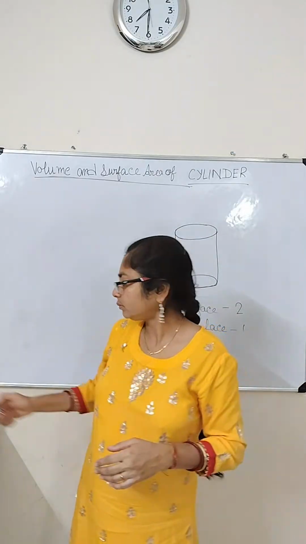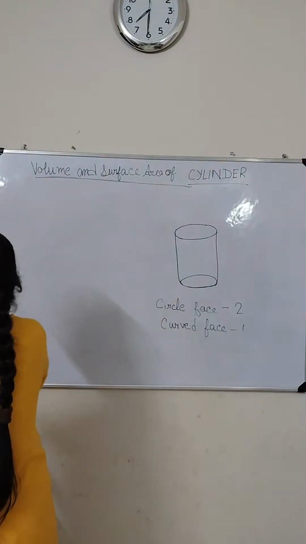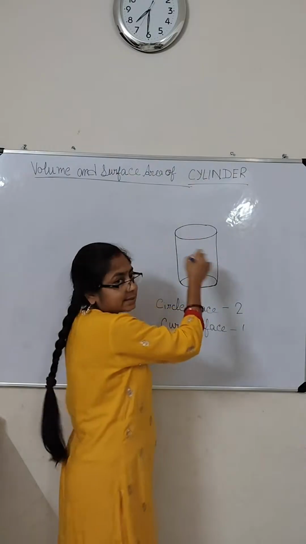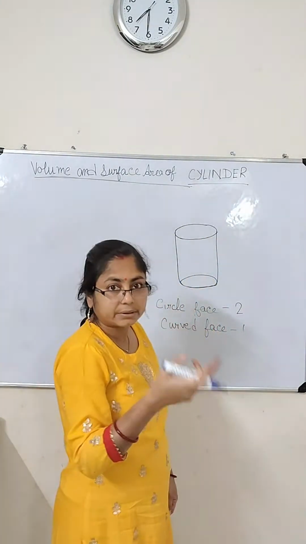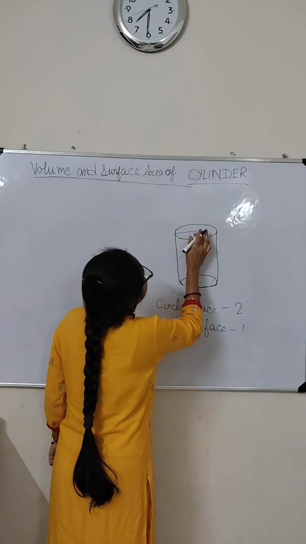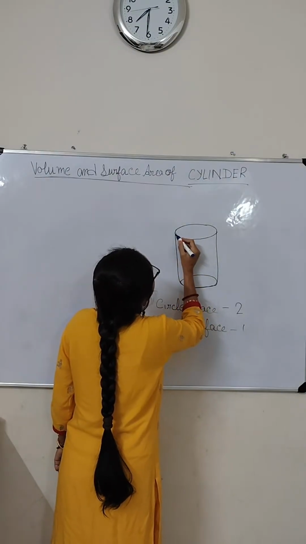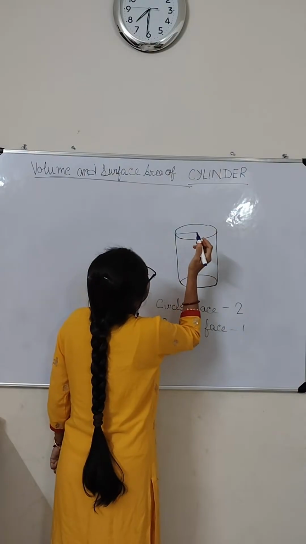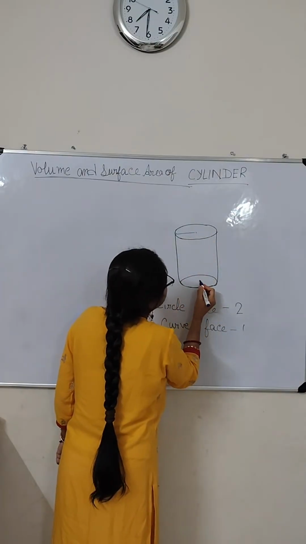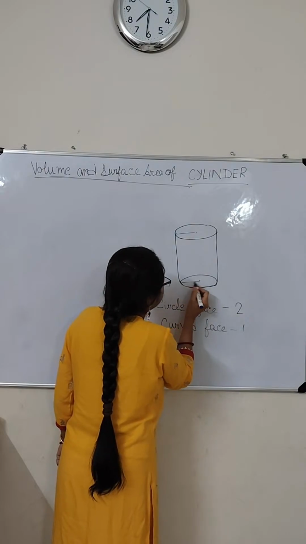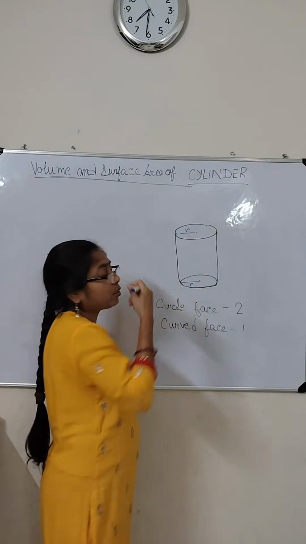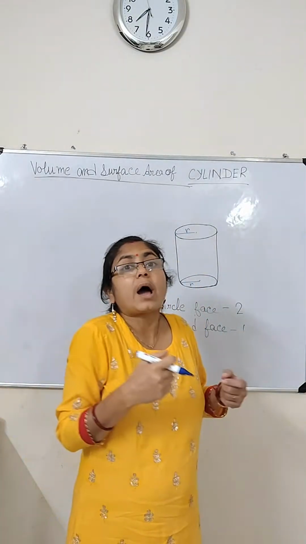Clear? Now I tell one thing. This is a circle, so there is a diameter and a radius also. This is the radius. This is the center. This is the radius R. Why do I tell this?